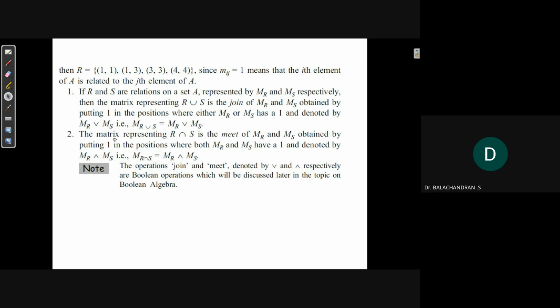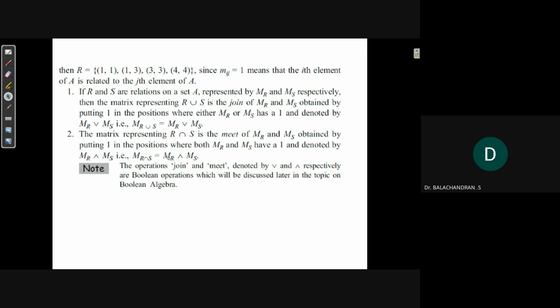Next, the matrix representing R intersection S is the meet of MR and MS. So the matrix representing the intersection of R and S is equal to MR meet MS. You can see it is obtained by putting 1 in the position where both MR and MS have 1.